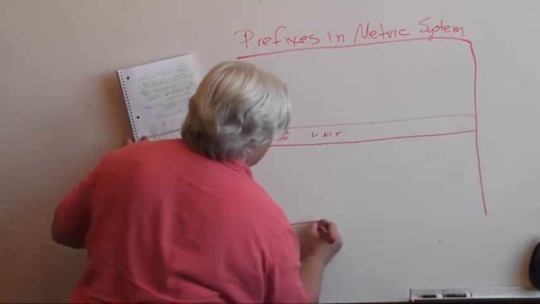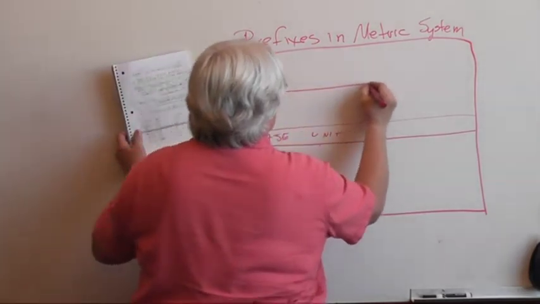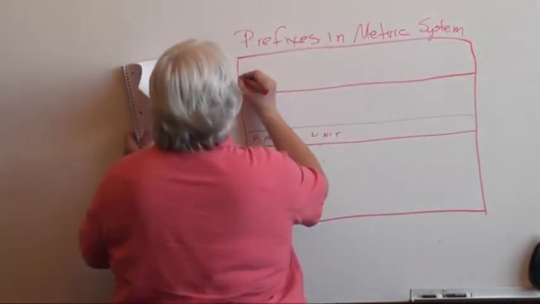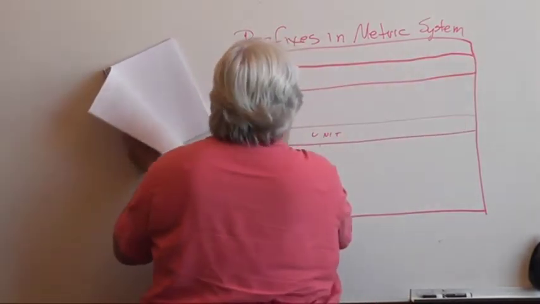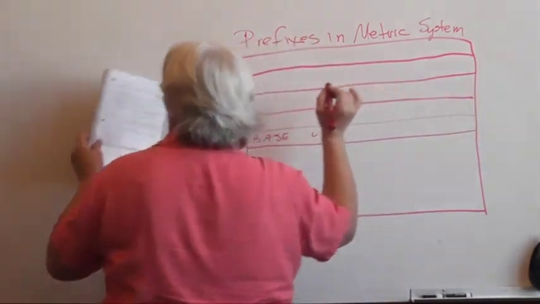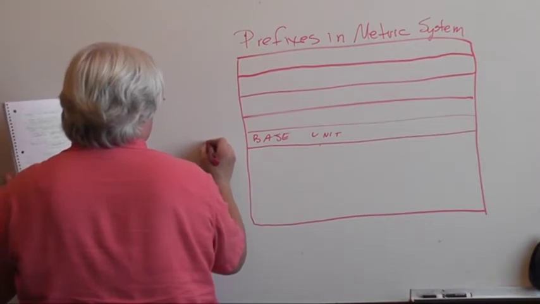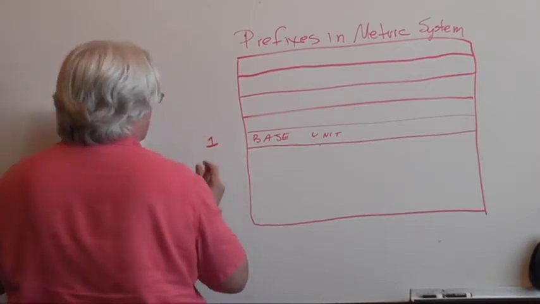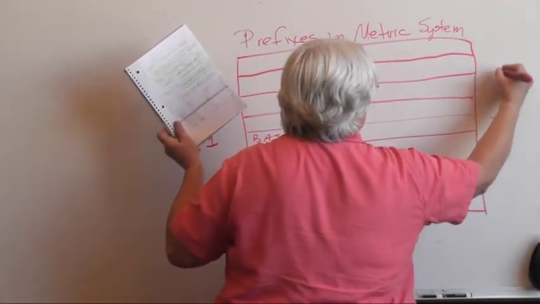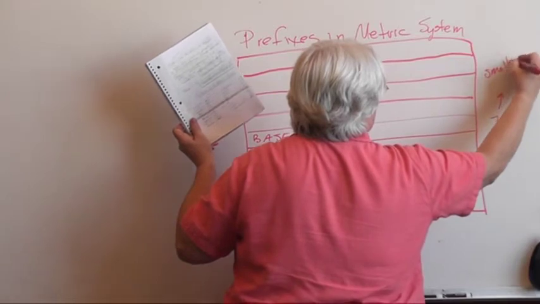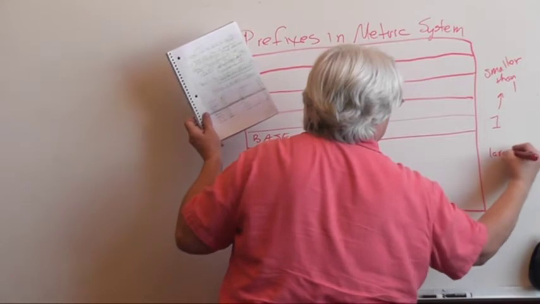So if you want, use 9 rows on your paper, or use 18 rows so that you have plenty of white space so that you can keep up with what you have. This is going to be our base unit. So this is 1. On this side, it's smaller than 1. And down here, it's going to be larger than 1.